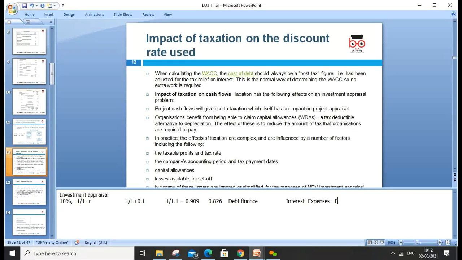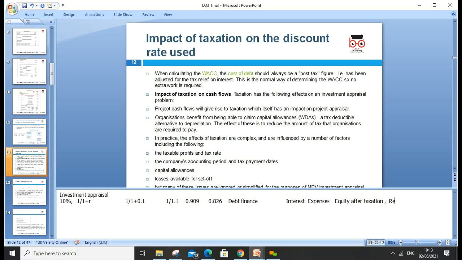But if you have equity financing, what will happen then? With equity financing, the dividend will be paid after the tax, so there is no relief.